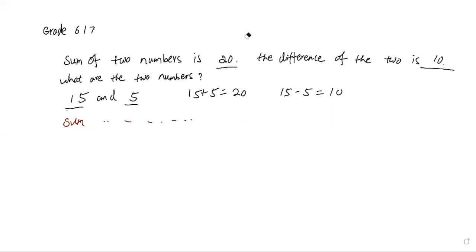So let's say the sum of the numbers is going to be 30, and the difference of the numbers is going to be 20. So what are the two numbers?